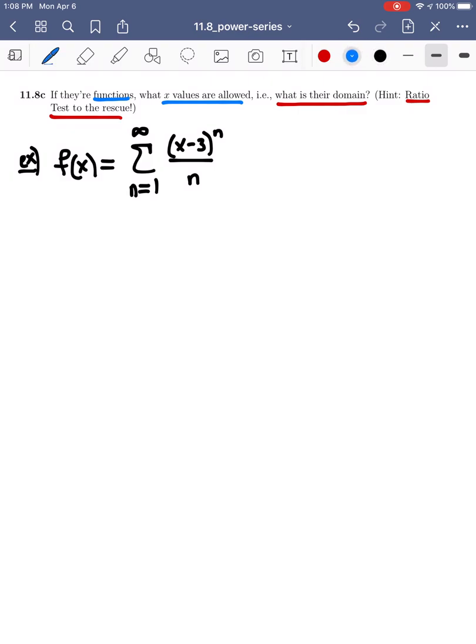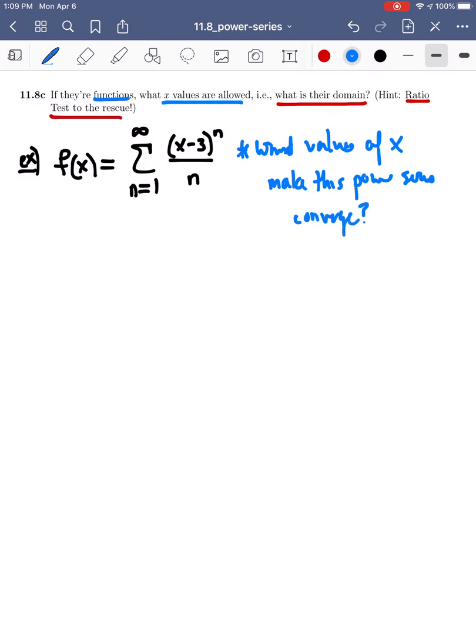And again, just so we're on the same page, what we're asking is, what values of x make this power series converge? And that's the same question as asking, what is the domain of this power series? What values of x are we allowed to put into it so that we're given one finite output back?